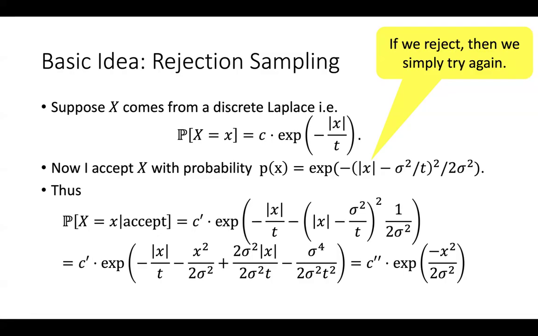So it's a very simple calculation. It says that if you do this rejection sampling, you'll get from one distribution to the other. So that is the outermost step of our algorithm. We start with a discrete Laplace, and then we do rejection sampling, and we get a discrete Gaussian. That still leaves the obvious question: how do you sample a discrete Laplace?